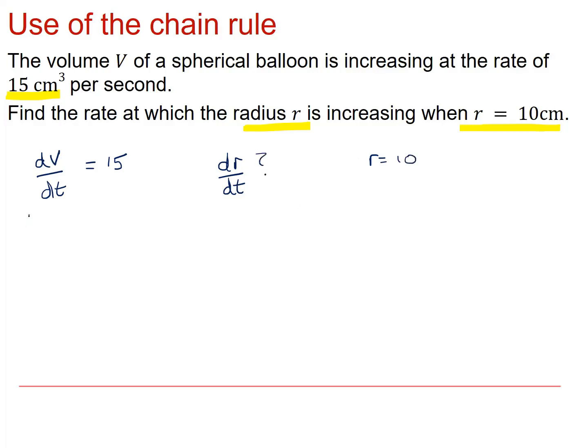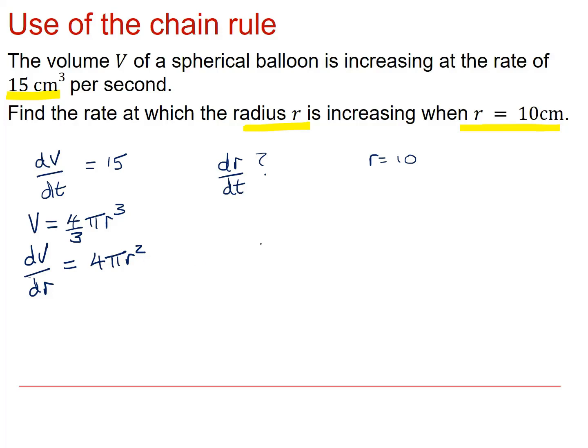Okay, we know something about V. We know the volume of a sphere is 4/3 pi r cubed. And that means I can work out dV by dr. Just differentiating that, I get 4 pi r squared.